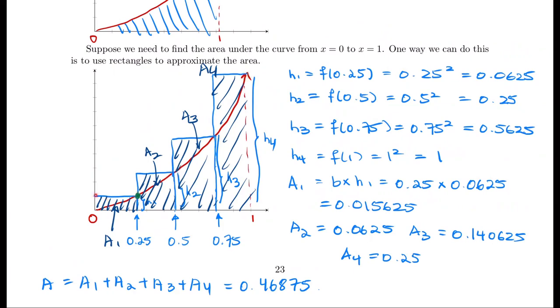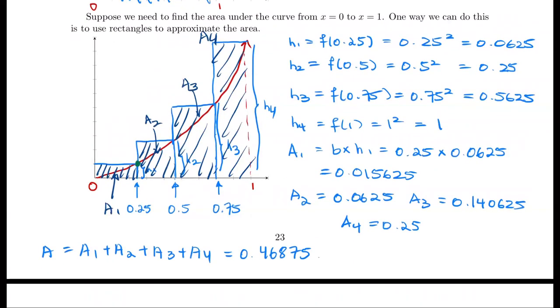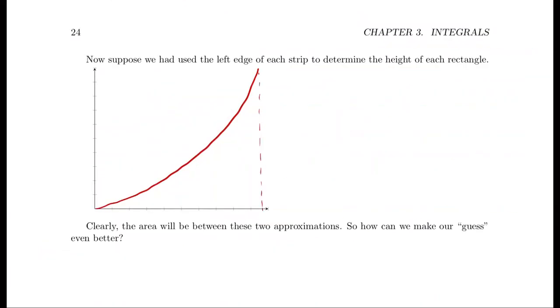But now let's see what happens if we involve the left edges. So once again, I'm going to divide the interval 0 to 1 equally between 0 and 1. So we have 0.25, 0.5, and 0.75 again.